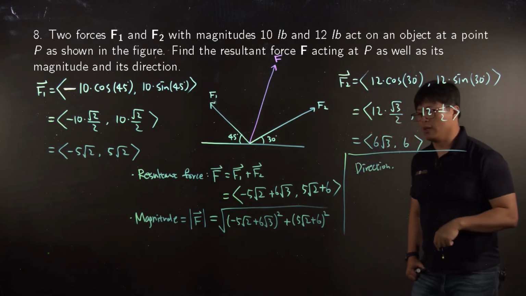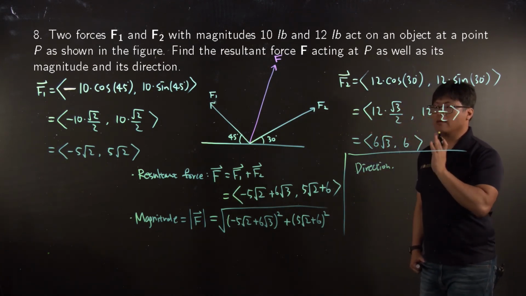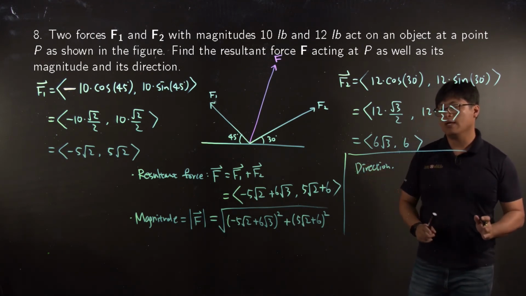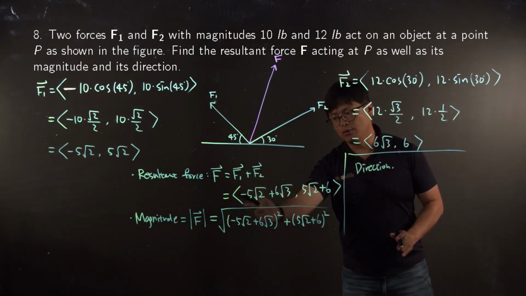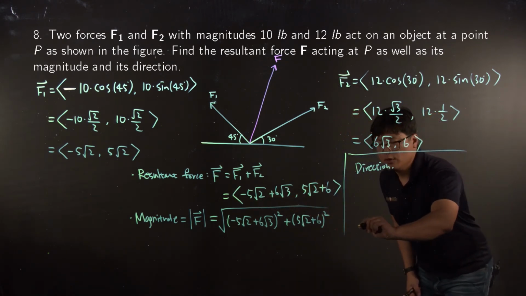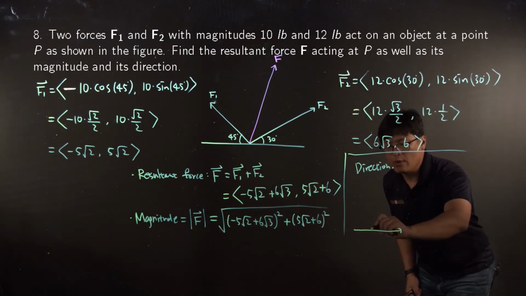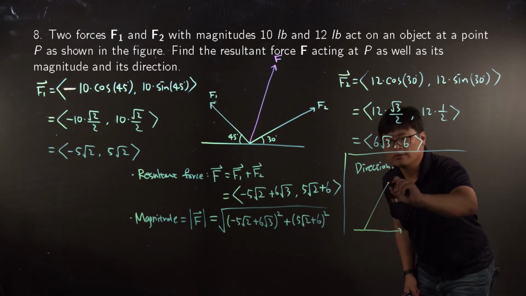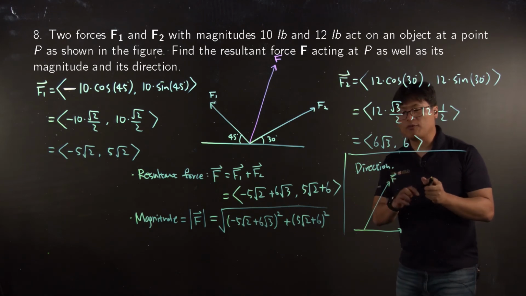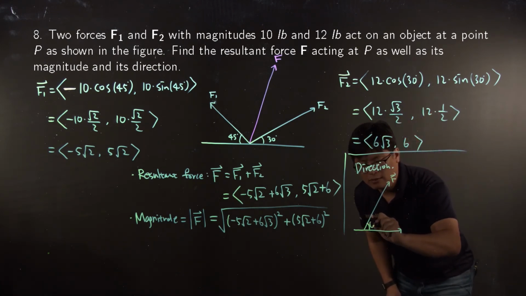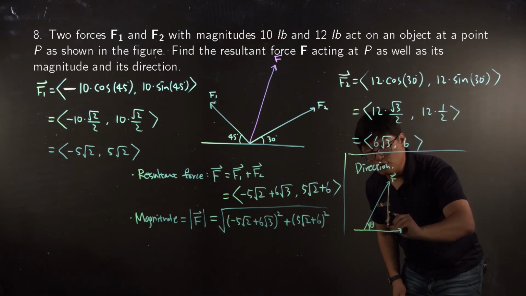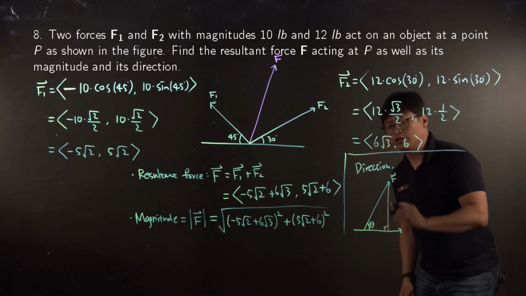For this problem, we're going to find the angle from the positive x-axis. Look at this one. Your x component is a positive value and the y component is also positive. So your resultant vector is pointing this way. Whenever you have to find this angle, you have to use a right triangle this way, and then we use the tangent.